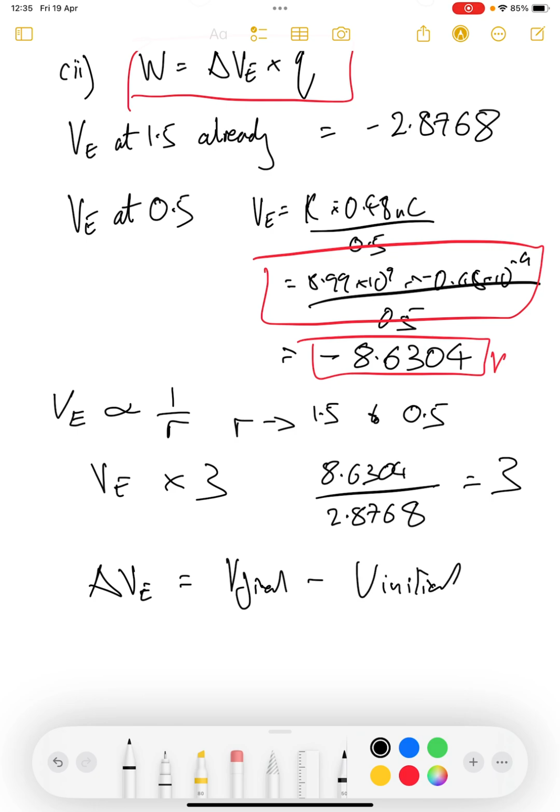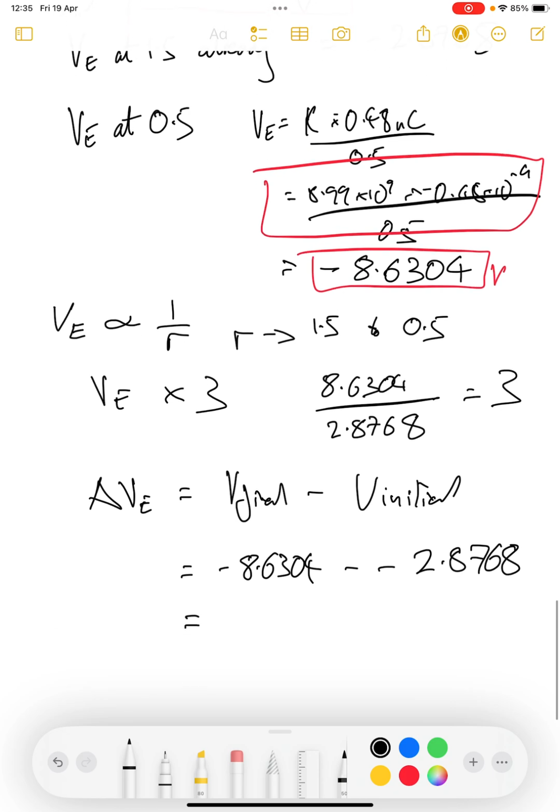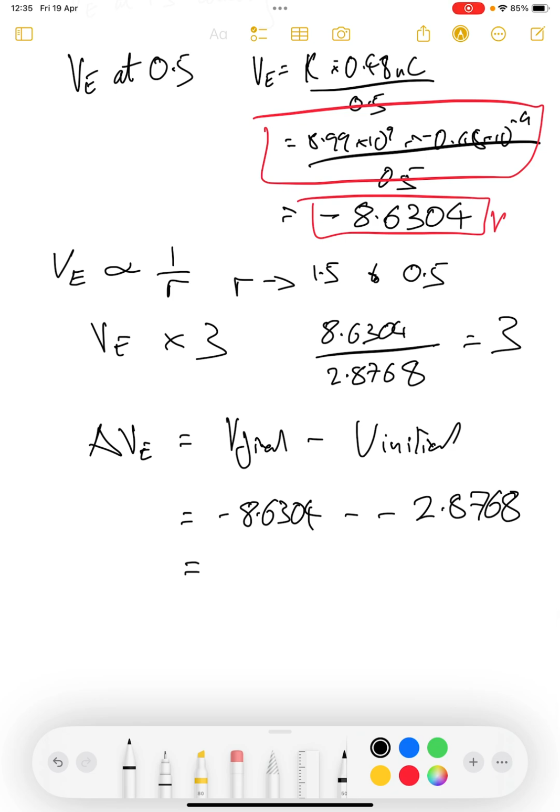This is where the minus signs get quite complicated. So it was minus 8.6304 minus 2.8768, which gives us an answer of minus 5.7536.